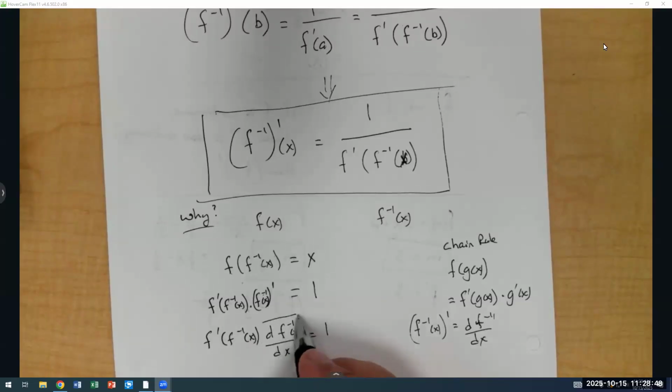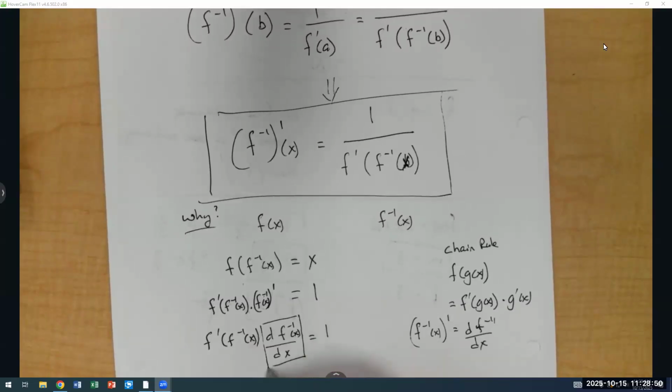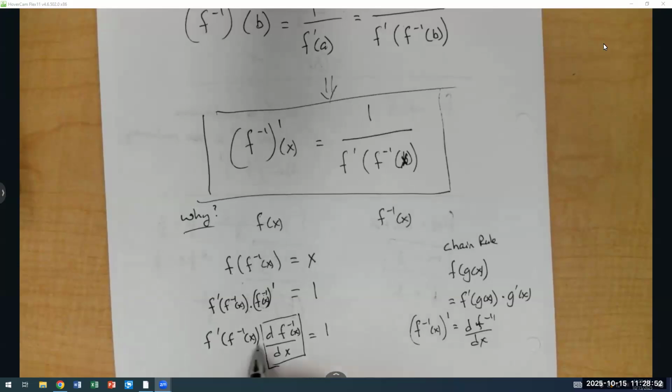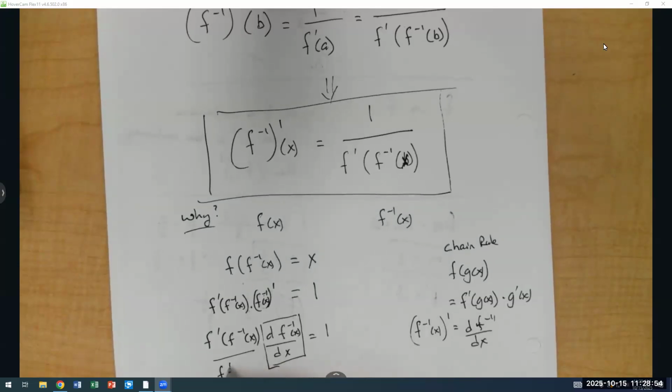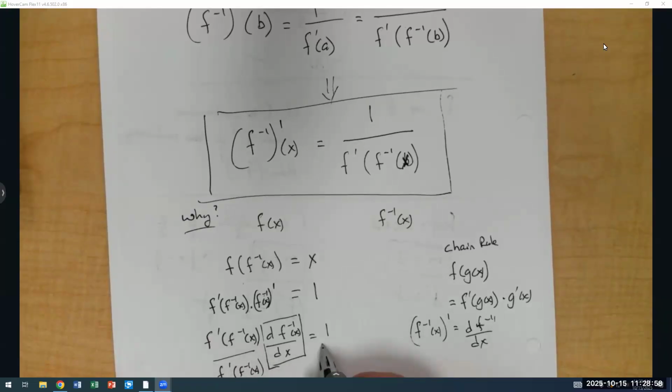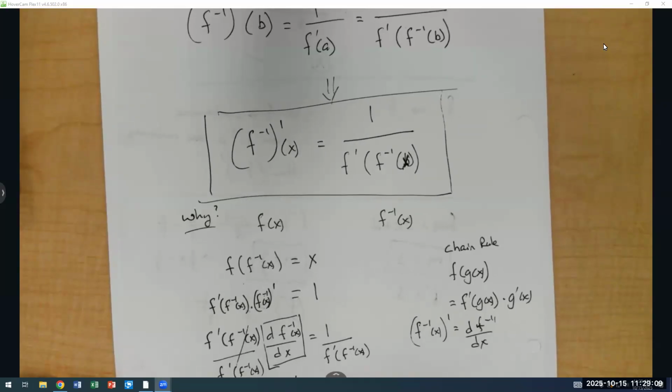We want to find the derivative. This is the derivative of the inverse function. So we divide both sides by, so that gives us our derivative of the inverse.